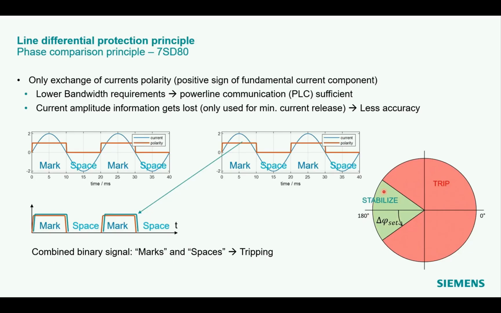The tolerance angle, which is shown here with phi z, can be expressed also by a setting or by a counter. In the other sector, the relay will trip the circuit breaker. Not shown in this diagram is the effect of the minimum release current, which would result in a circular area around the origin which would be stabilized.